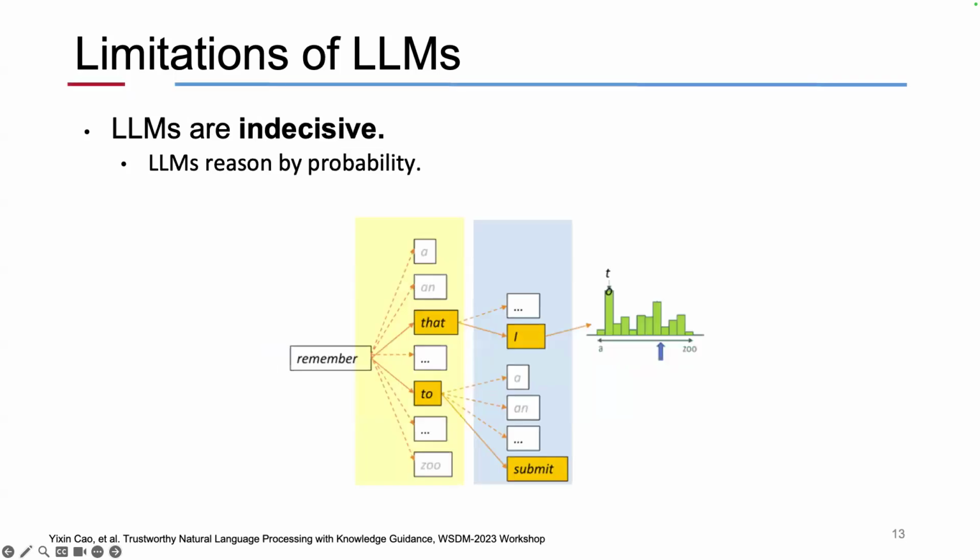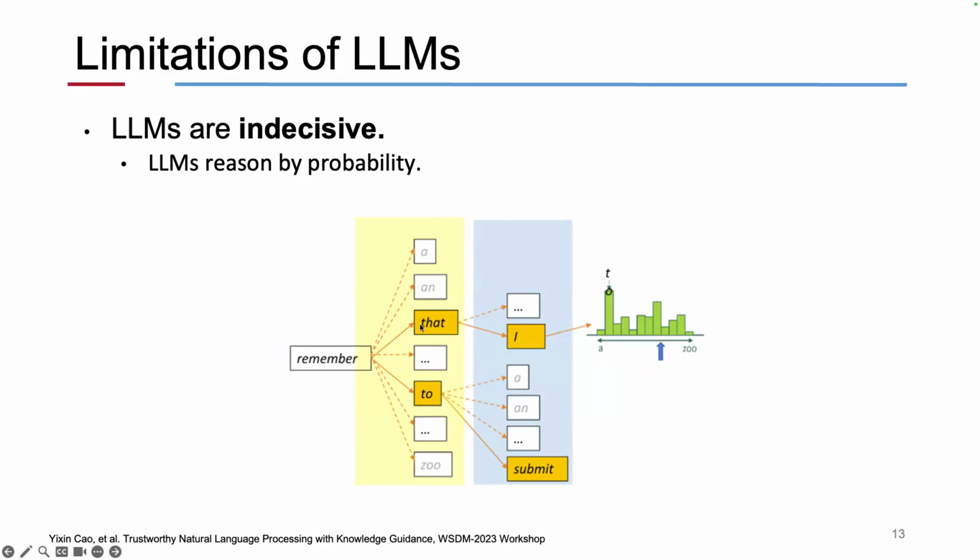Another limitation is that LLMs are indecisive. What does that mean? We know that the principle of an LLM is based on next token prediction, right? So an LLM generates a sentence token by token, and every token is drawn from a distribution over the vocabulary, right?